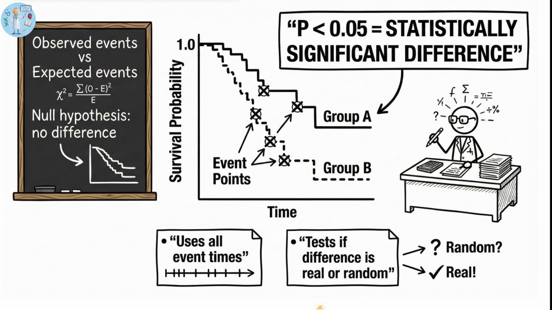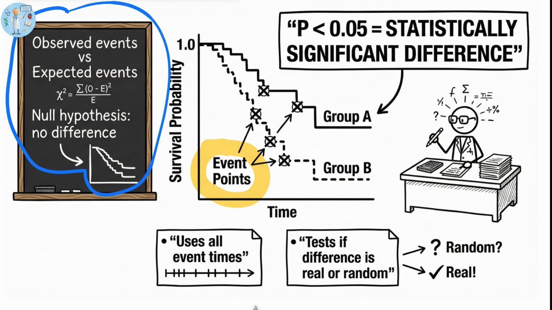The p-value. What it does is it looks at every single time point where an event occurred. And at each of those points, it compares the observed number of deaths in the treatment group, the number that actually happened, versus the expected number of deaths if there was truly no difference between the two drugs. That's the null hypothesis. So if the drug works, the actual number of deaths should be way lower than the expected number.